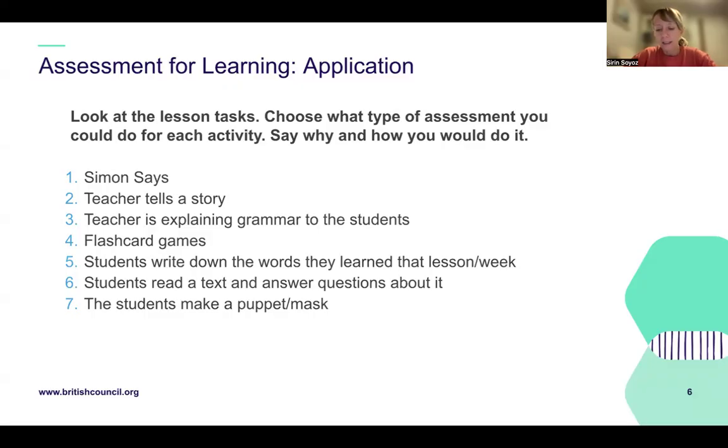What about CCQ or ICQ? CCQs, concept checking questions, right? Do you use those questions? For example, present perfect tense. I have been to Australia.